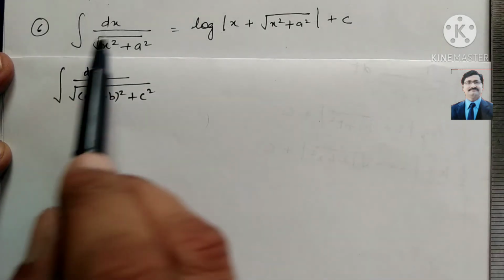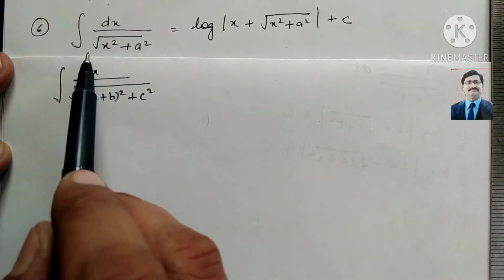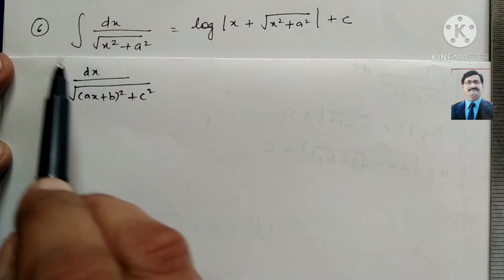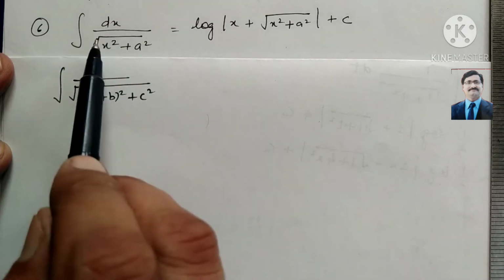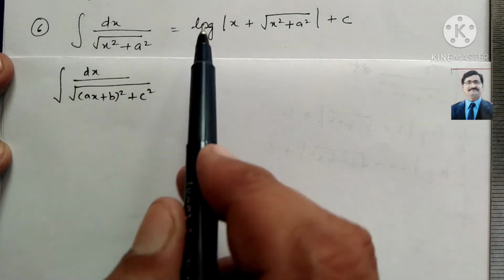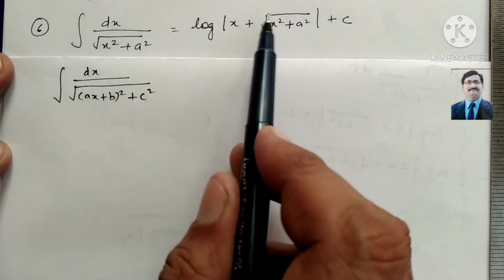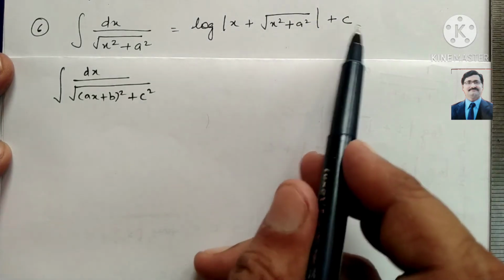We know the integral of dx upon root x square plus a square is log x plus root of x square plus a square plus c.